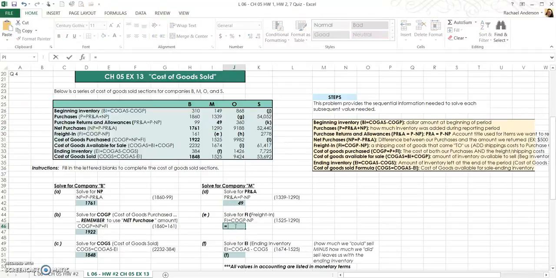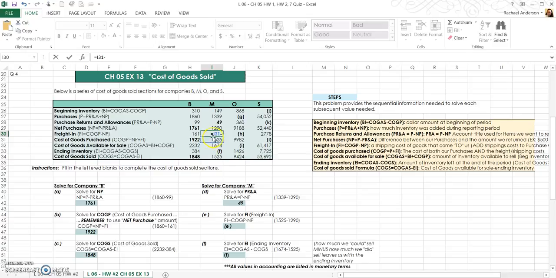Next, we'll be looking at our freight in for company M. Oh, I did that backwards. So sorry. So for finding freight in, we're going to take our cost of goods purchased, which is right here, and then we minus our net purchases.